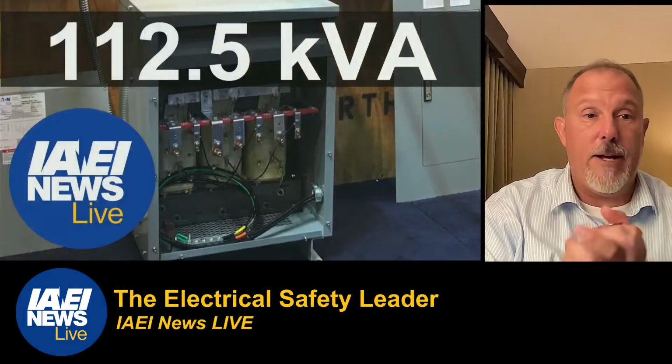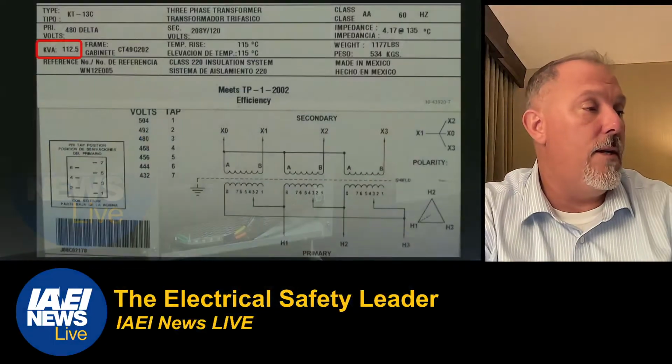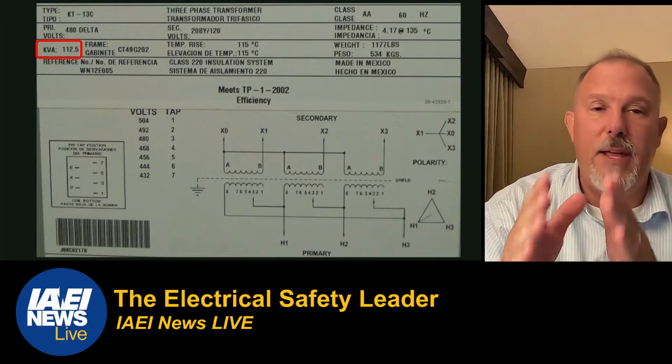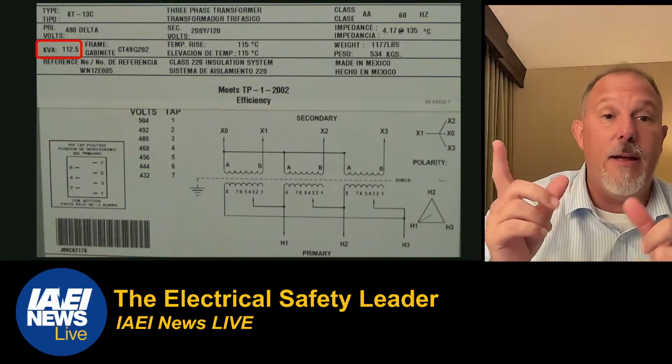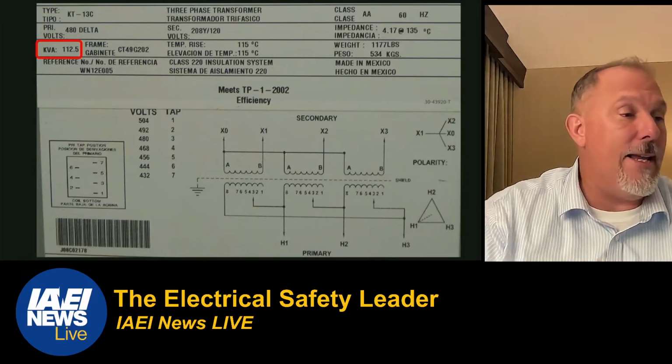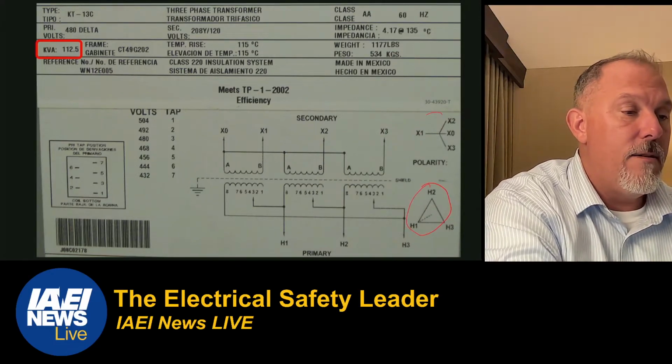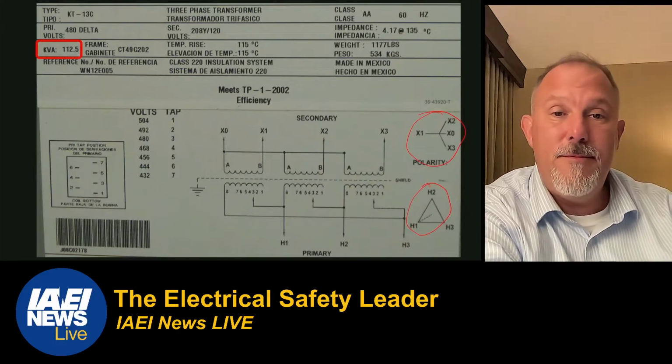Let's walk through a 112.5 kVA transformer. There's the nameplate. I'm looking for some important information from this. What can I ascertain? I can ascertain that this is a delta-wye grounded transformer.